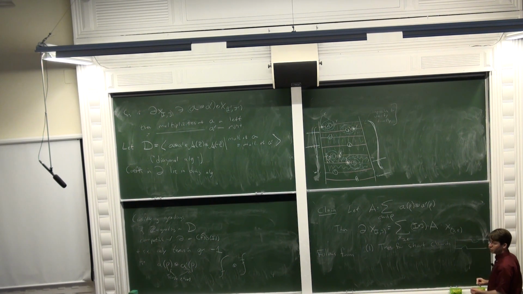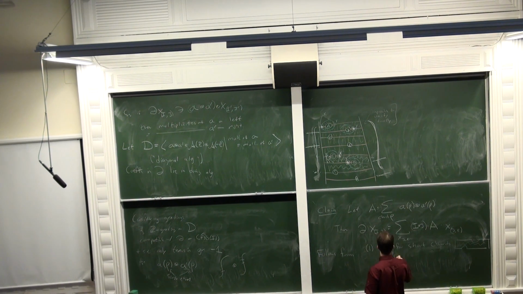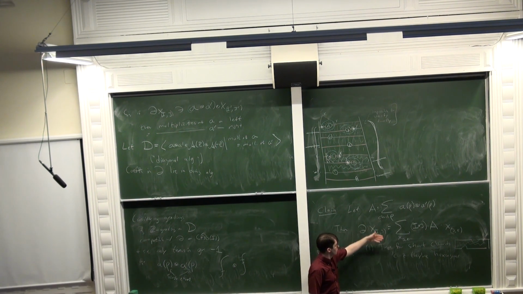Well, there's nothing in between, so these are the minimum possible choices. Because they're hexagons, it's easy to check that the holomorphic curve exists. Okay, so those do appear in the differential. So short chords do appear in the differential.